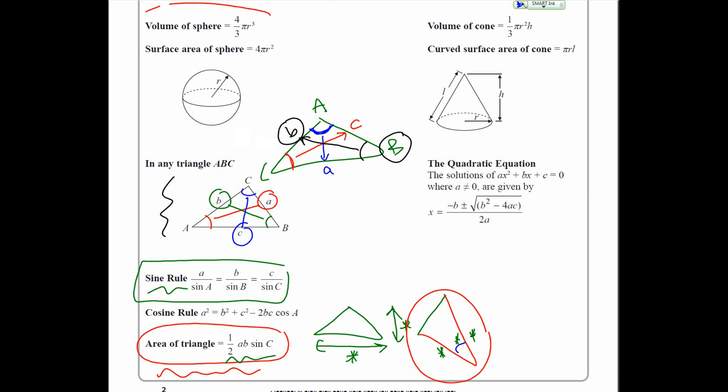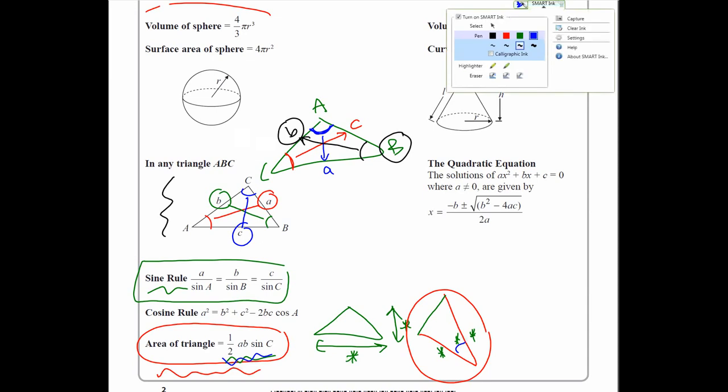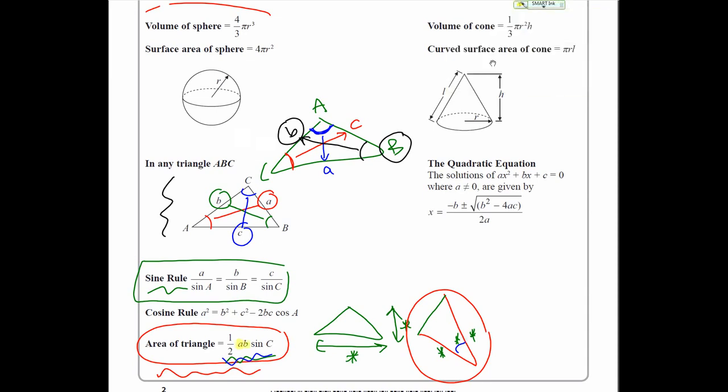So let's think about the area of a triangle formula a bit more. You actually need, let me get the highlighter for this one. You need a and b. So a and b. And you know this diagram here, a, b. And you need the angle in between, C, for you to do sine of.